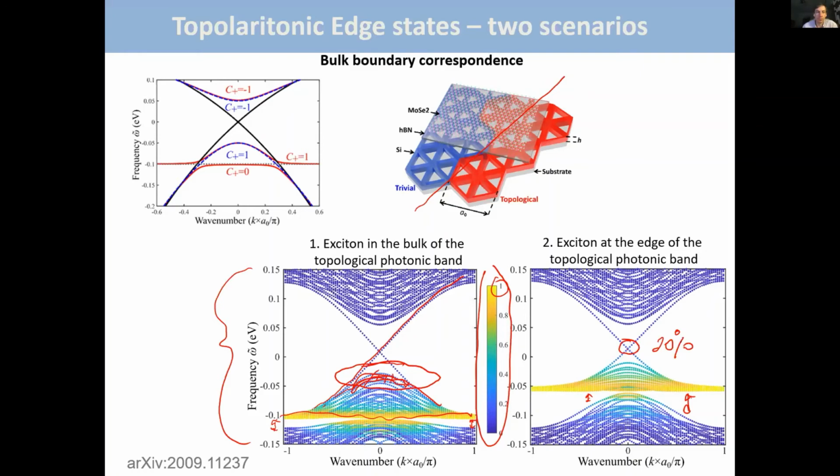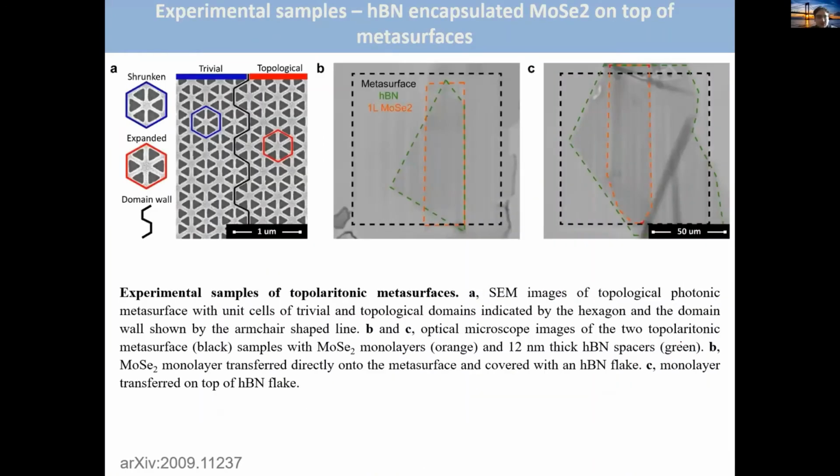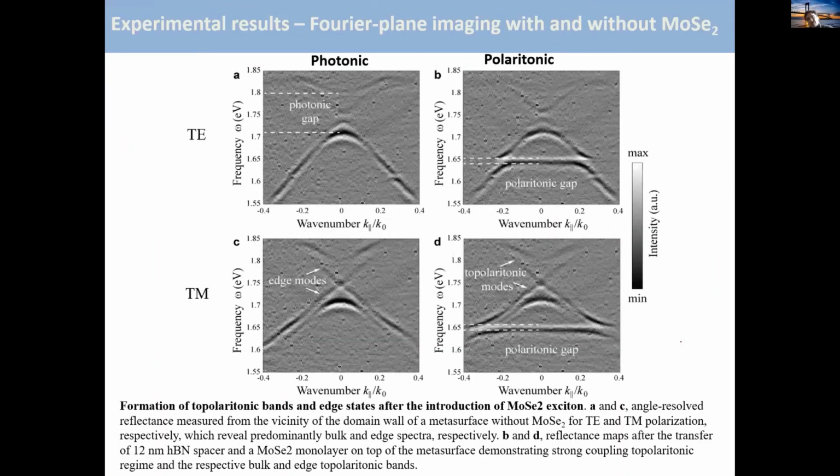So here I'll briefly mention what we have done to observe these states. We fabricated the structures. We transferred molybdenum diselenide encapsulated in hBN, and then when measuring the back focal plane imaging from the samples, we observe the photonic topological bands with the edge modes.